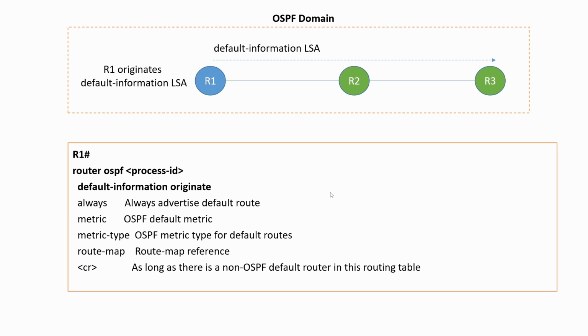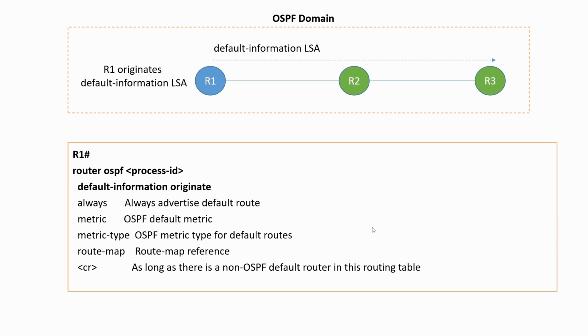As long as there is a default non-OSPF route residing in Router 1, in this case, this command, default information originate, will generate a default information for the rest of the OSPF routers in the OSPF domain.